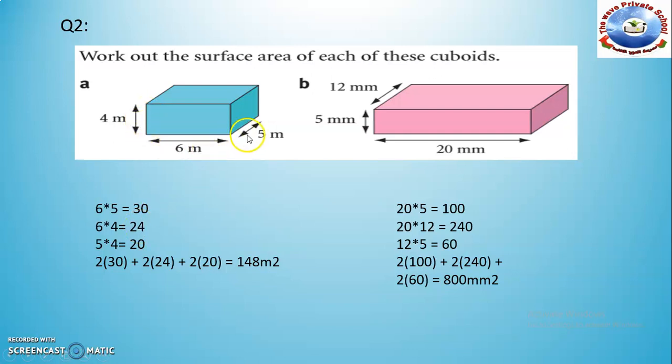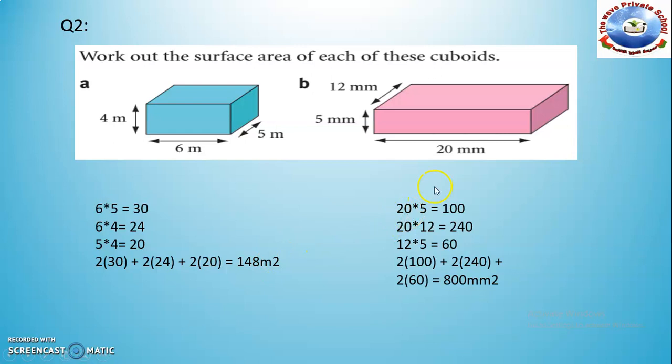Width into height, 5 multiplied by 4, will be equal to 20. When you get your answers, multiply each by 2: 2 into 30 plus 2 into 24 plus 2 into 20. It will be equal to 148 meter square.